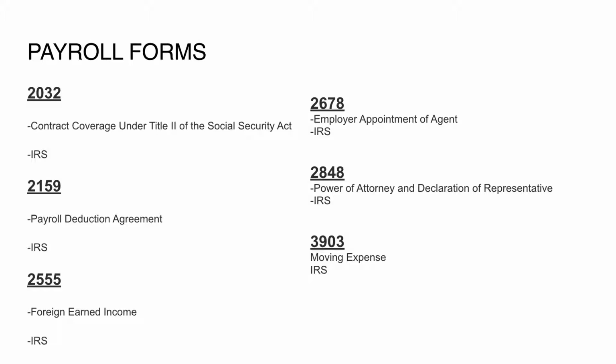Form 2678, employer appointment of agent, reported to the IRS. Form 2848 is the power of attorney and declaration of representative, reported to the IRS. Form 3903 is to report the moving expenses. It is reported to the IRS.